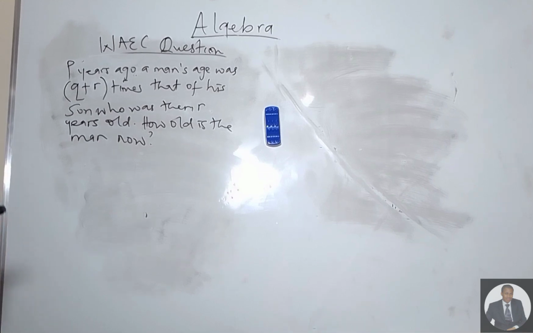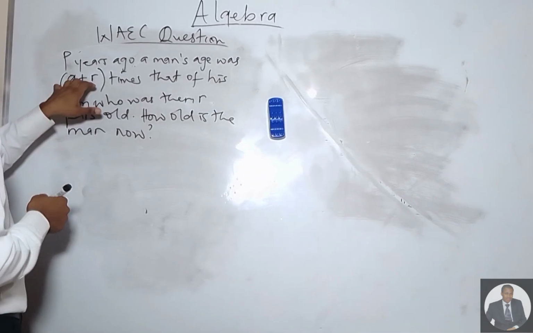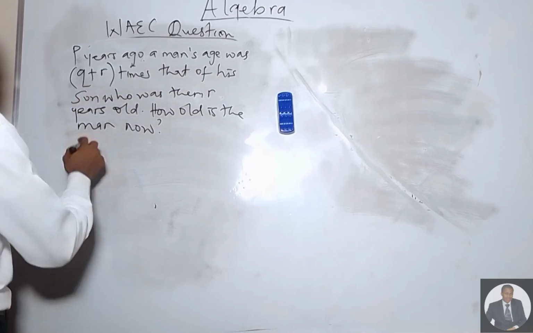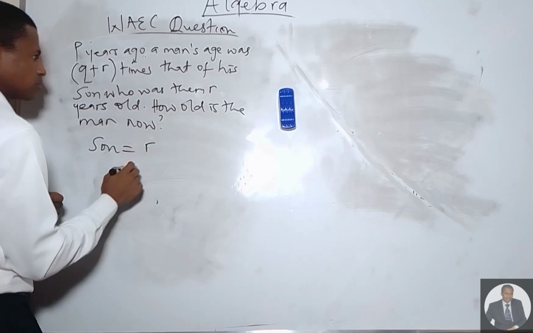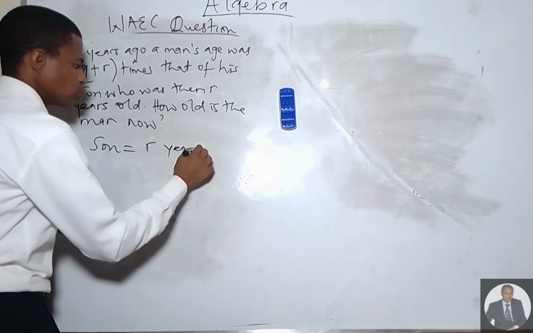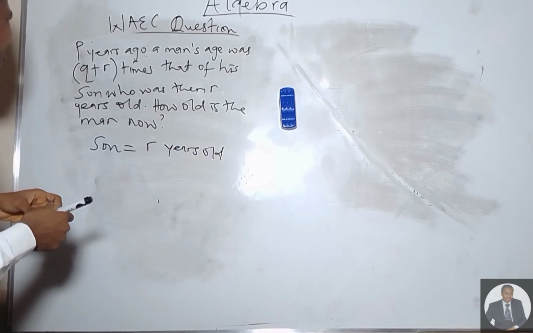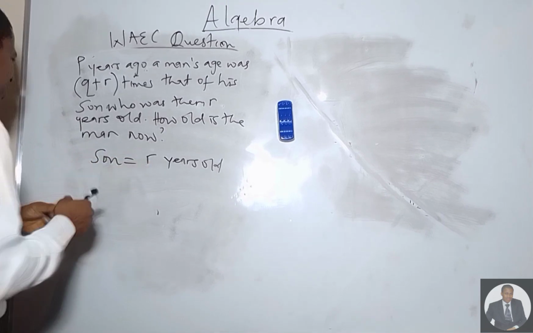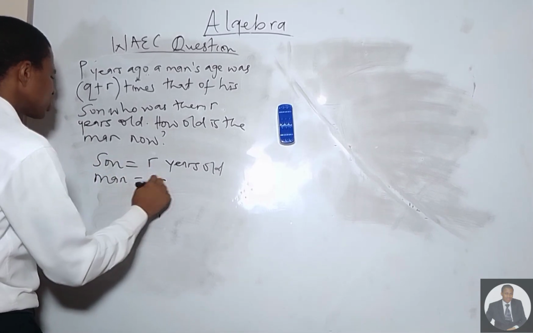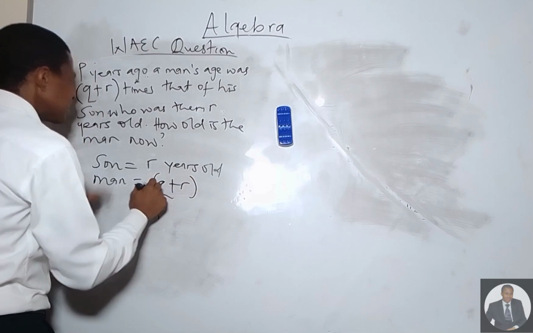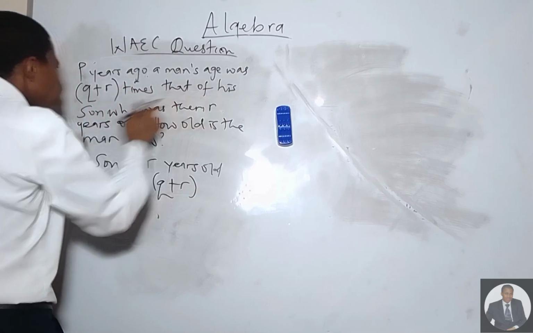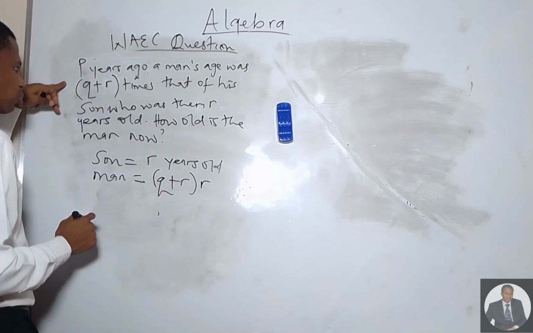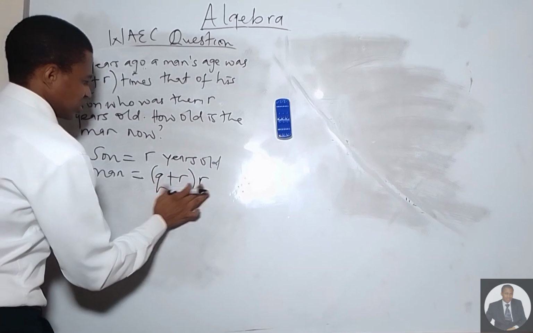P years ago, a man's age was q plus r times that of his son, who was r. So the son's age is just r years old. But the man's age, at that time when the son was r years old, was q plus r times r. So P years ago, the man's age was this.